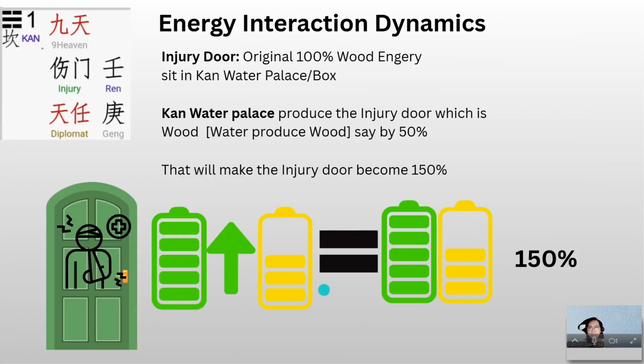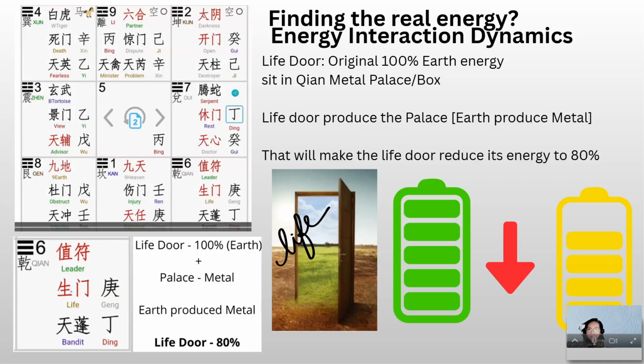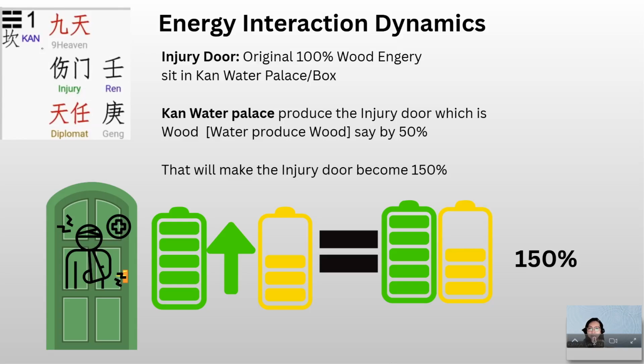Referencing the same chart earlier, we extend out box number 1 to the slide here. This is box 1 from that chart. We are looking at the Injury Door, because this Injury Door is sitting in the Kan palace, the Kan box.